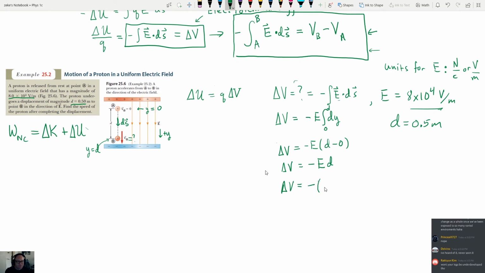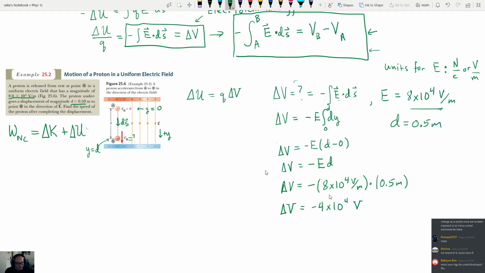So negative 8 times 10 to the 4 volts per meter, multiplied by d, which is 0.5. See, the meters cancel out and you get volts. So you get delta V between these two positions is equal to negative 4 times 10 to the 4 volts.